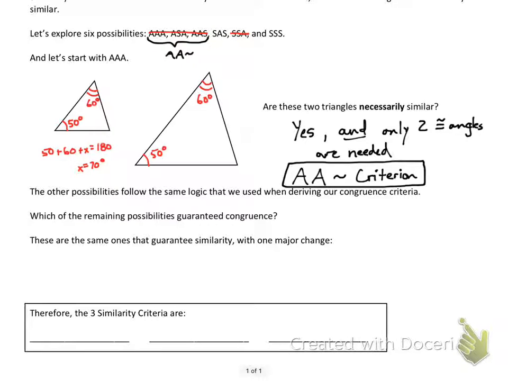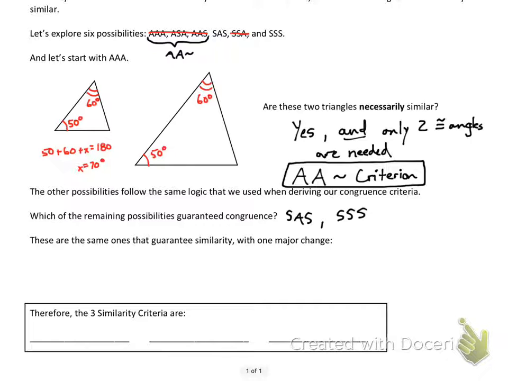Side, side, side was fine. But side, side, angle does not work. All right, so we're not going to go through a complicated proving process here. I'll go ahead and tell you, these still work. So I'm going to go ahead and say side, angle, side and side, side, side are also going to work to prove similarity. But there's a key difference.